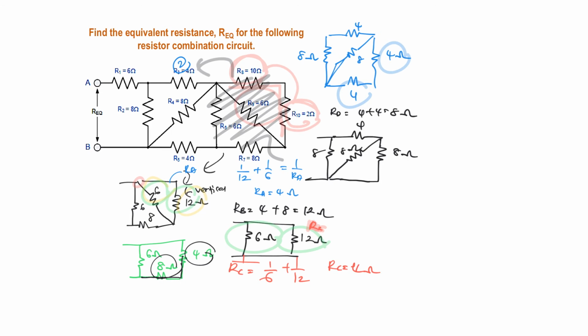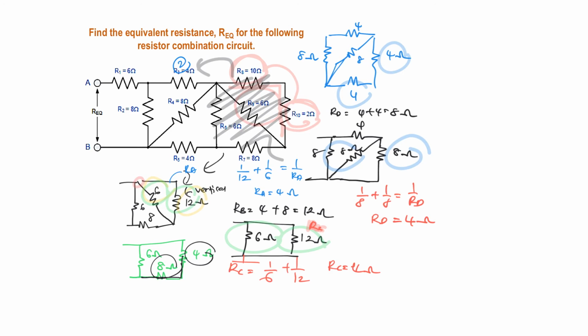So 8 and 8, 8 here and 8 here, is it parallel or series? Definitely parallel. So 1 over 8 plus 1 over 8, I put it as 1 over RD, the combination of these two. I'm going to get RD is 4 ohms. Practically this is a very easy number, but in your questions I'm going to give you like 1.5, 2.2, 3.5, something like that.